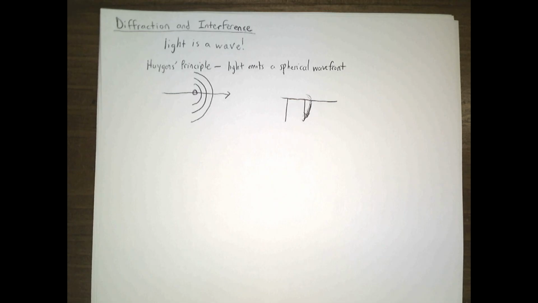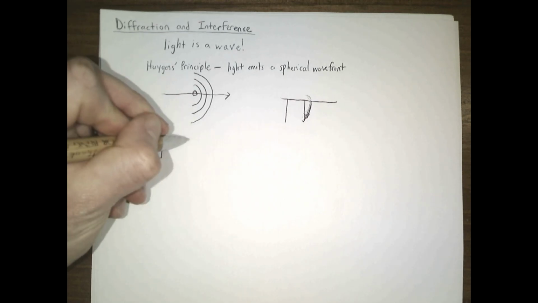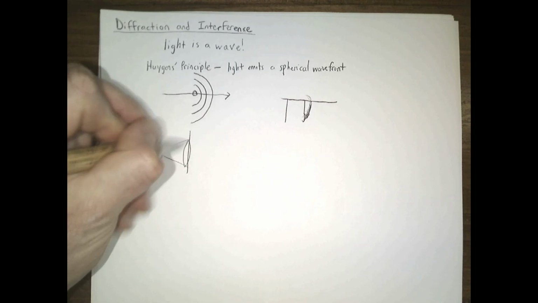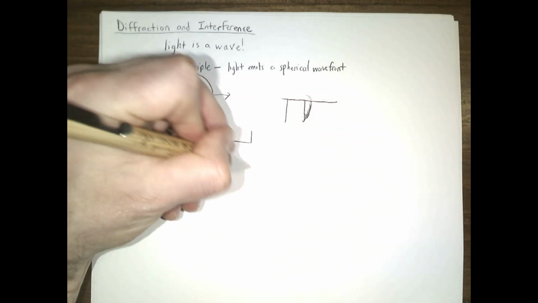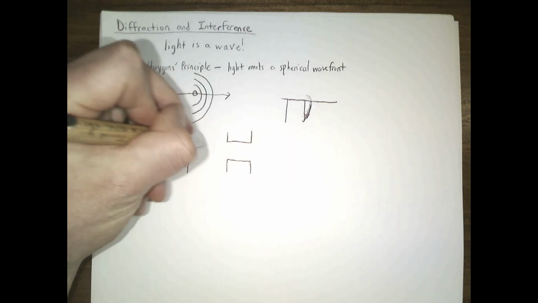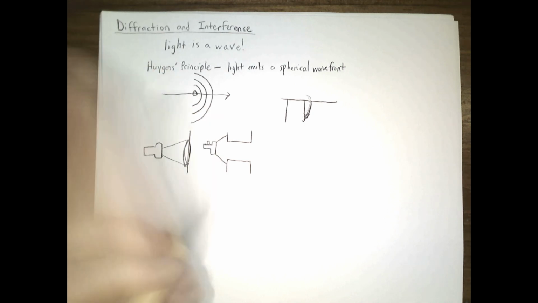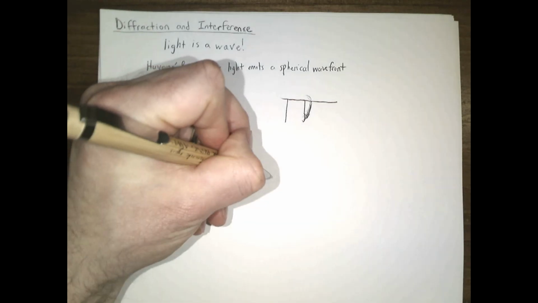What really gets interesting is how light behaves when it passes through thin slits or apertures. And so you could imagine if I take a flashlight and I shine it on a wall, what does the light do? Maybe it spreads out a little bit, but it puts a big old spot on the wall, right? Well, if I have a big opening in the wall, I take my flashlight again, and the light spreads, and some of it doesn't make it, but some of it does completely fill the hole in the wall there.